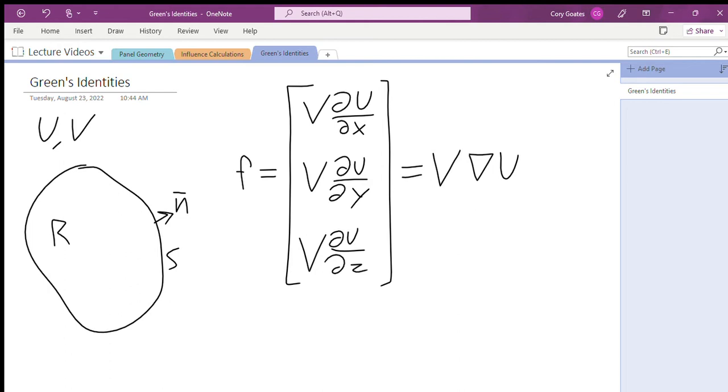Now, what we're going to do is apply the divergence theorem to this vector field. Now, if you remember from your multivariable calculus course, the divergence theorem is as follows.